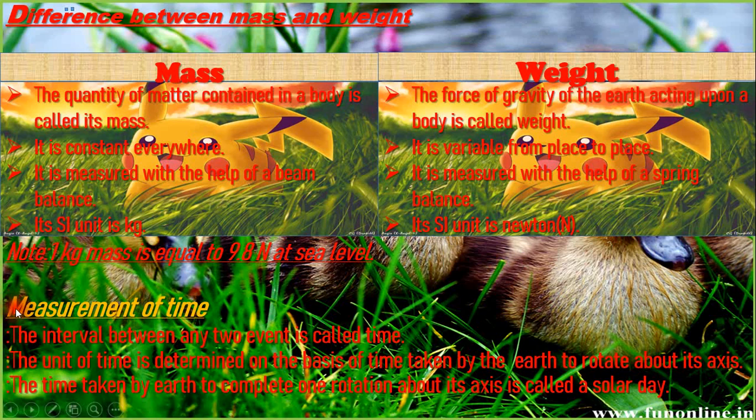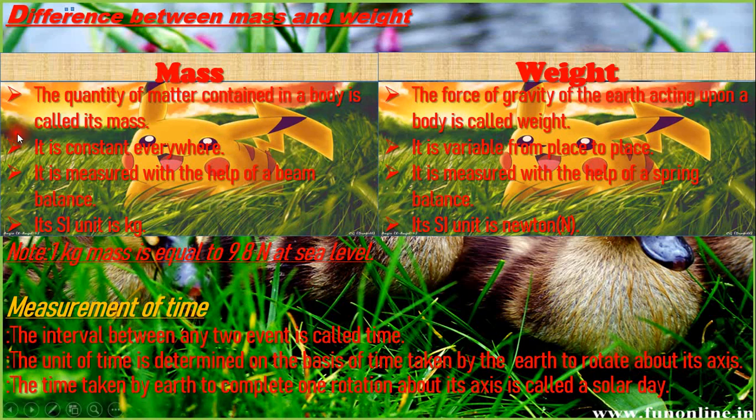The most important thing that we should remember is that 1 kg mass is equal to 9.8 Newton at sea level. Here the main thing is sea level. As the height goes on increasing, the gravity goes on decreasing, and when the gravity decreases, the weight also decreases.